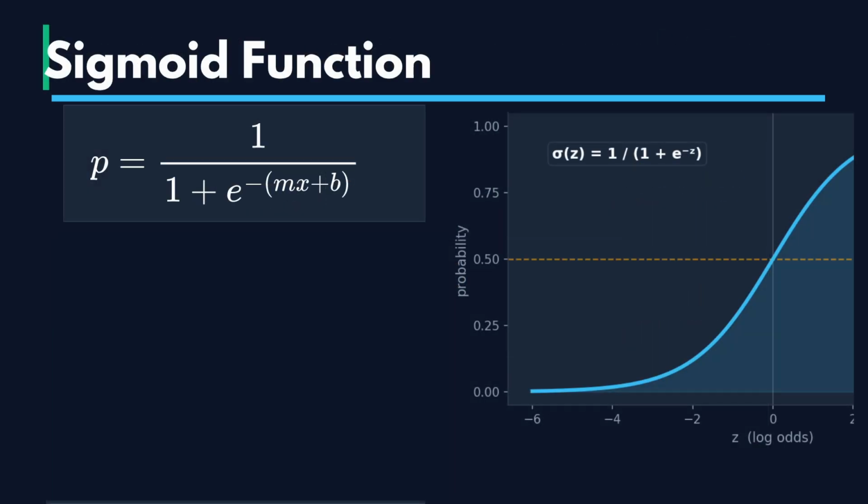The sigmoid function. Here's a chart of the sigmoid function. As you can see, for large values of mx plus b in the negative direction, it's close to 0. For large values of mx plus b in the positive direction, the function is closer to 1. Those in the middle are near our 50-50 threshold.